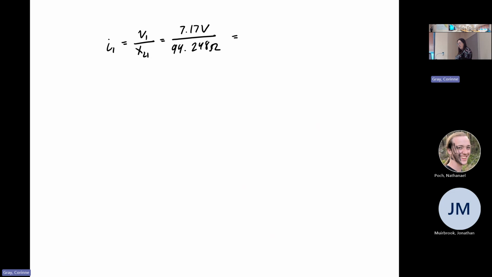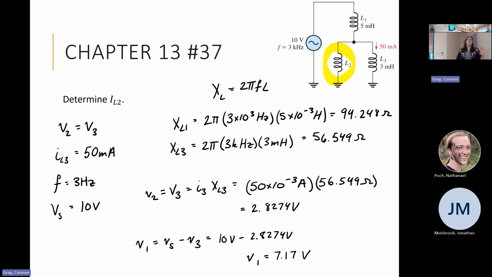So before we talk about the answer, what do we maybe want to represent our current in terms of, based on the original picture? Why? Yeah, so I need to keep units consistent in some way, shape, or form. When I have my current pop out, it'll technically pop out in amps. If I do it that way, I'll then need to convert my 50 milliamps into amps.